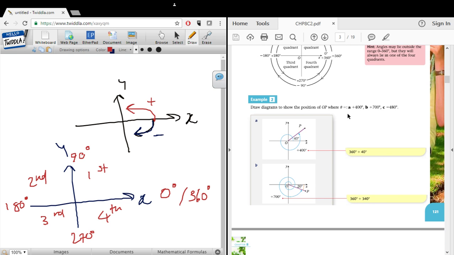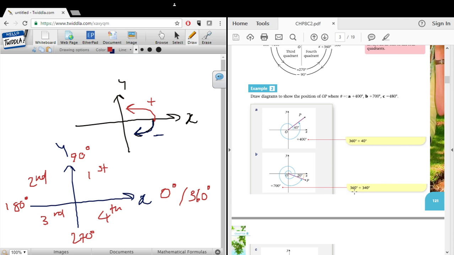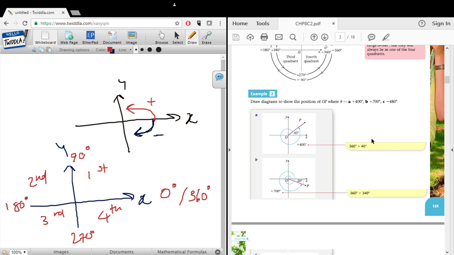In this particular example, they're asking you to illustrate degrees exceeding 360, and that's very simple. All you need to appreciate is that once you make a full circle it is 360, and then what's left is 40. So just showing the diagram at the angle 40 will be sufficient. And likewise here, 360 plus 340 is representative of 700.